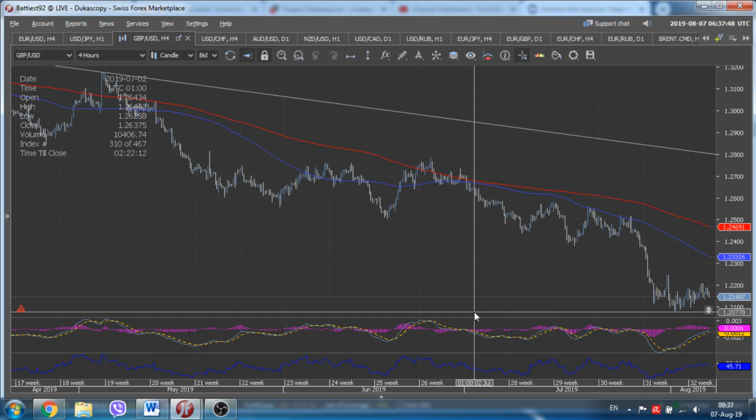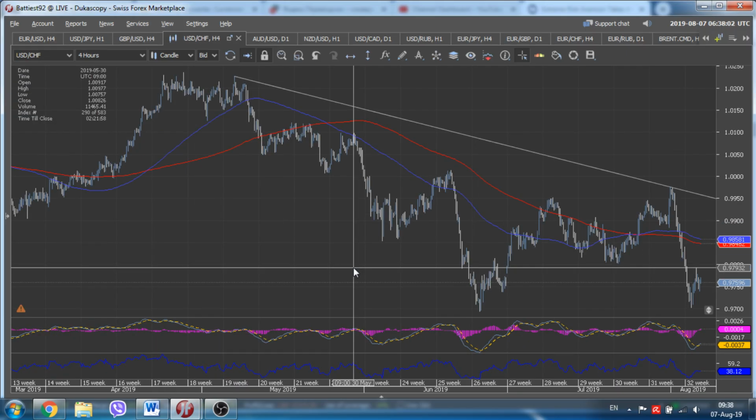Dollar Swiss. Here we continue to suggest that any rebound closer to the level of 0.98 should give you an opportunity to enter fresh short positions in the current risky, unfriendly environment, the so-called risk aversion situation.